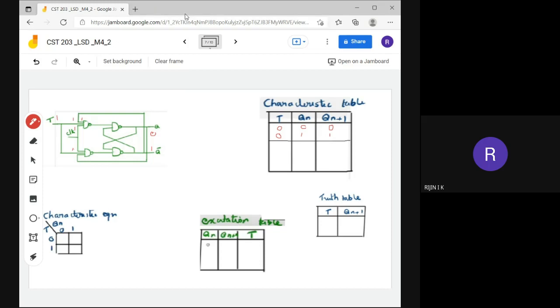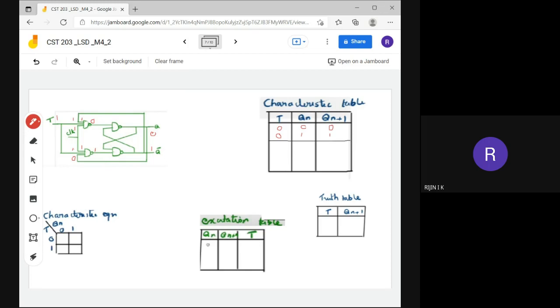Correct, the output is 0. Here T input is 1, clock is also 1, but this one is 0 because we are feeding back the Q. So here our input is 0, so the output will be 1.